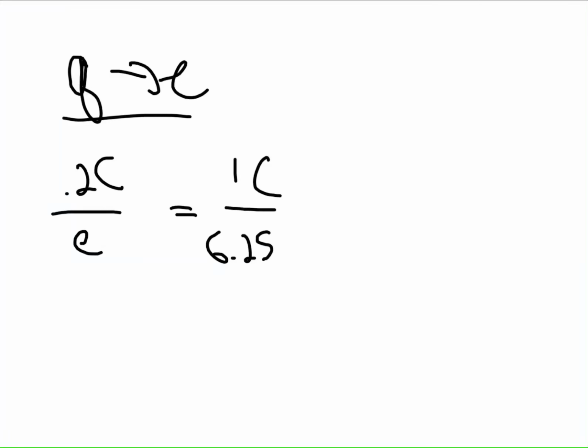So, I know 0.2 coulombs, and I want to find out how many elementary charges, how many electrons that's associated with. So I'm going to set up a proportion. We've got 1 coulomb. Well, that's 6.25 times 10 to the 18th.